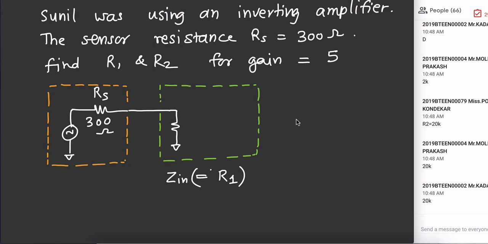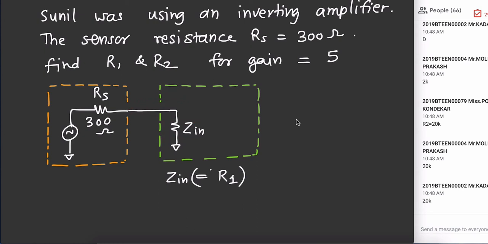In order to avoid loading, I repeat this, in order to avoid loading of Zin onto the source of the signal, the relation should be like this.